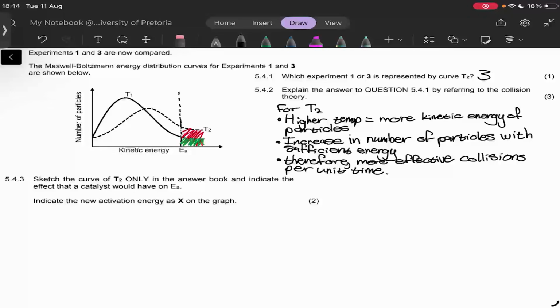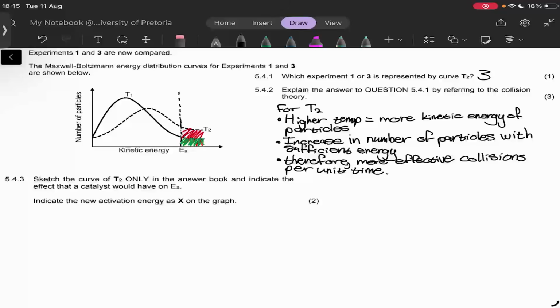What exactly does a catalyst do to the activation energy? Drop your answers in chat. Yeah, the first answer that I see is correct. Well done. It lowers the activation energy, guys.